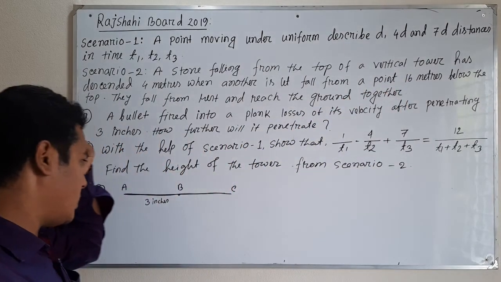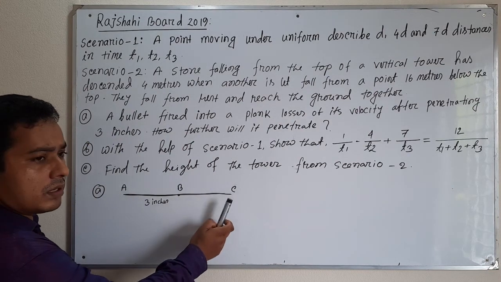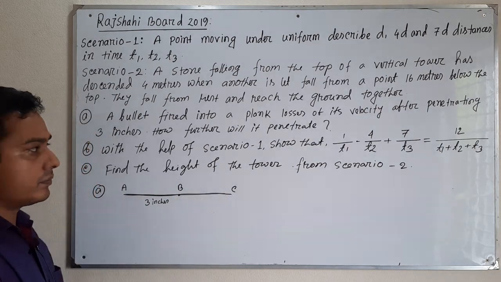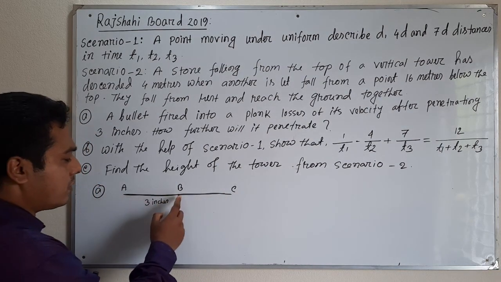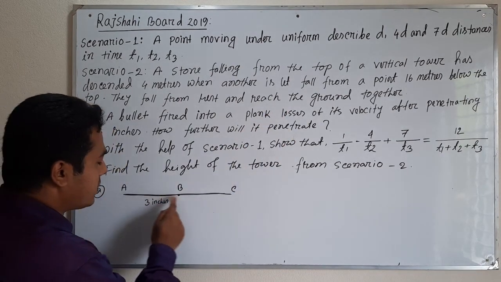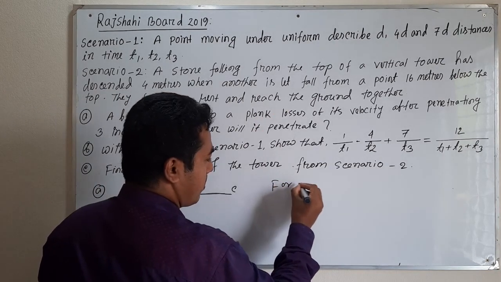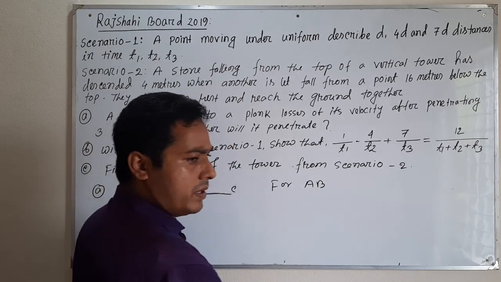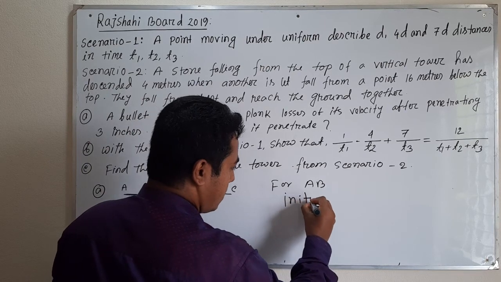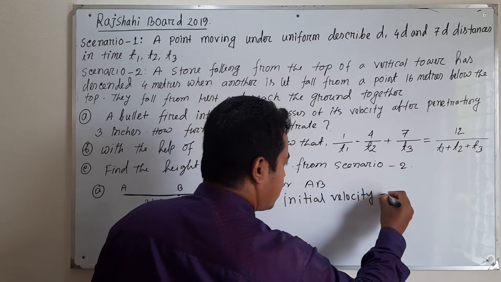Okay. First question. Here this is the total distance the bullet covered from A to C. Just think, after 3 inches it loses half of its velocity. That means AB is equal to 3 inches, and for AB initial velocity is equal to u.